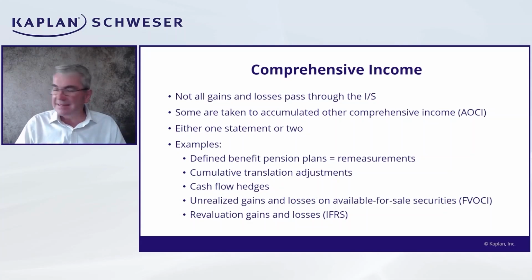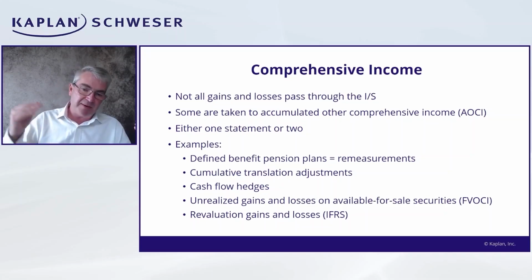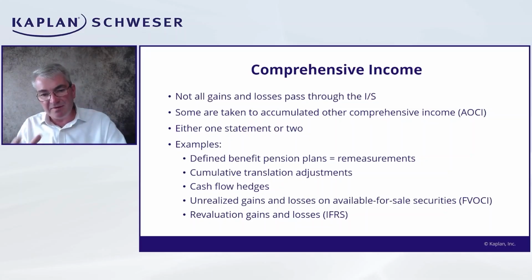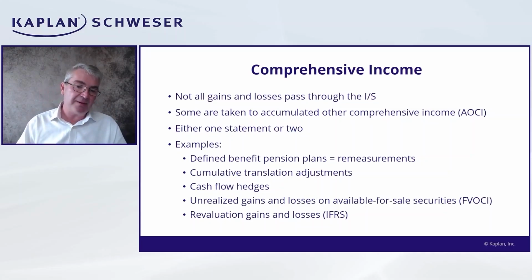One is known as the temporal method, I'm never sure quite how you pronounce it, where gains and losses caused by exchange rate movements when you convert an overseas subsidiary's balance sheet and income statement to your reporting currency hit the income statement. And the other method is the all current rate method that treats essentially the investment overseas as an investment and takes the unrealized gains and losses caused by currency movements direct to stockholders' equity.